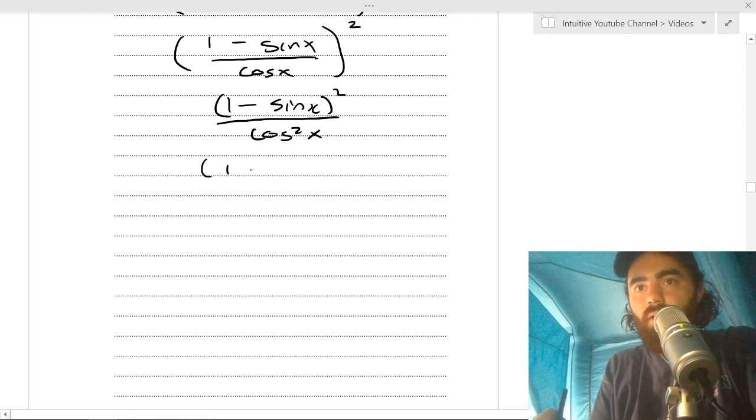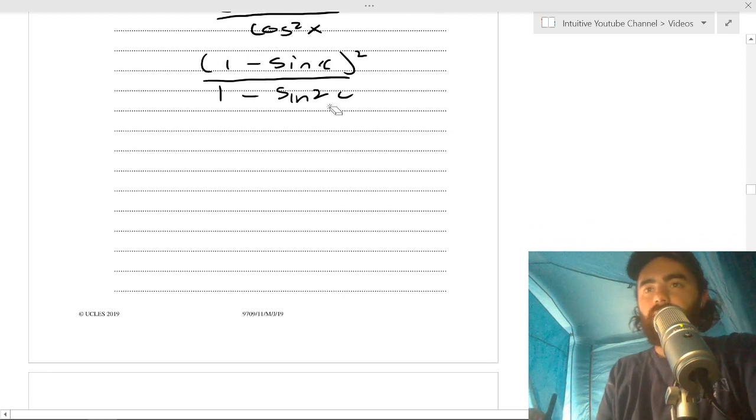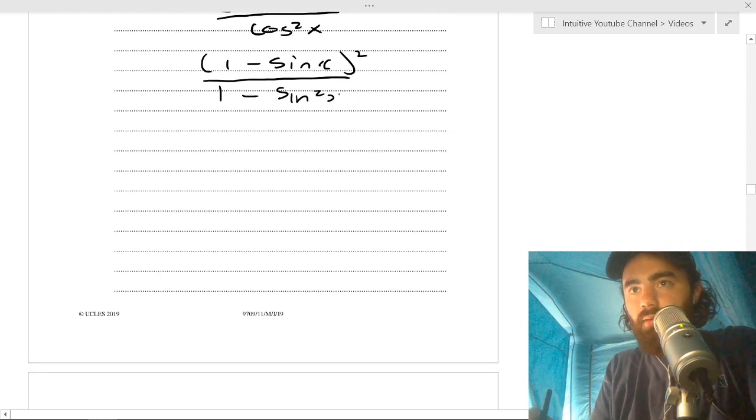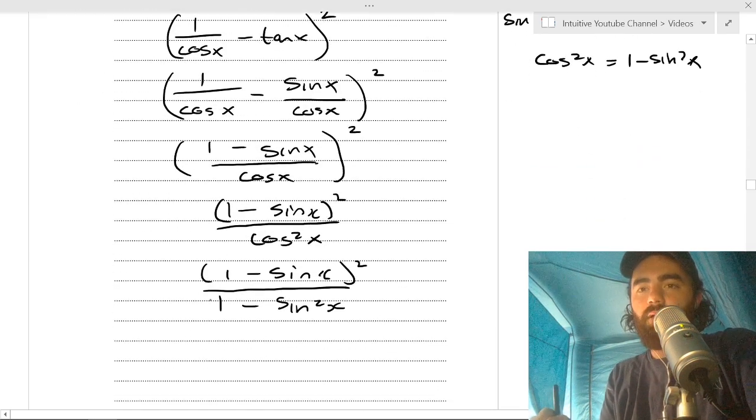So this gives us 1 minus sine x squared over 1 minus sine squared x. Looks like sine 2x. And the key thing here is, because we're pretty close, right? You can see we're pretty close.